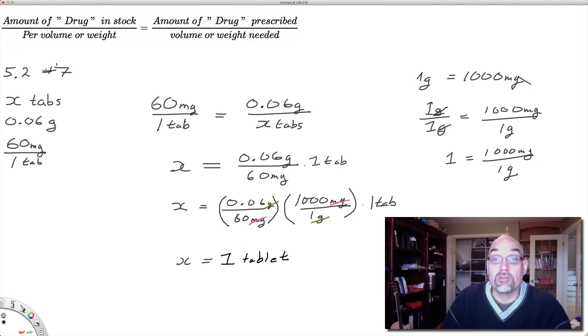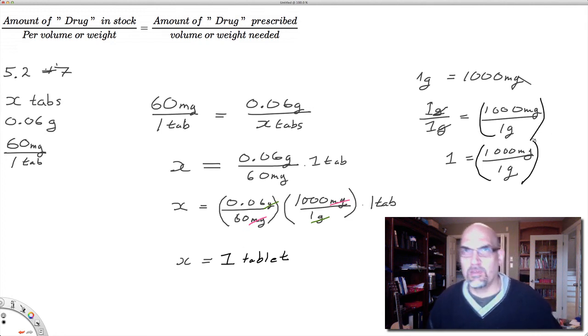But I wanted to go through all these steps to show you how important it is to carry the units and to make sure the units work out, and also how you can do conversions using these conversion factors to go between milligrams and grams.